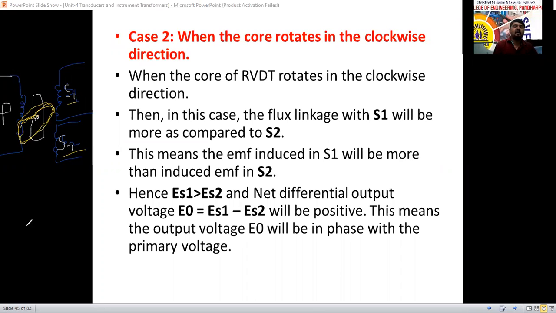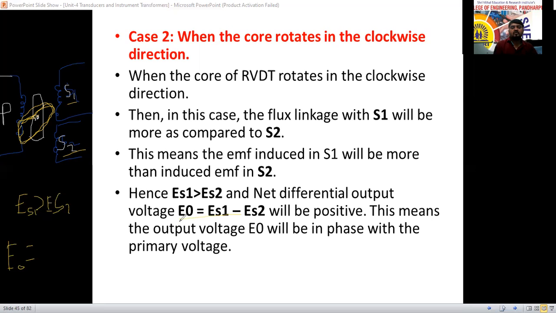Our formula is there. In this condition, we will get ES1 greater than ES2. What is the formula for the net voltage? Net output is E0 equal to ES1 minus ES2.